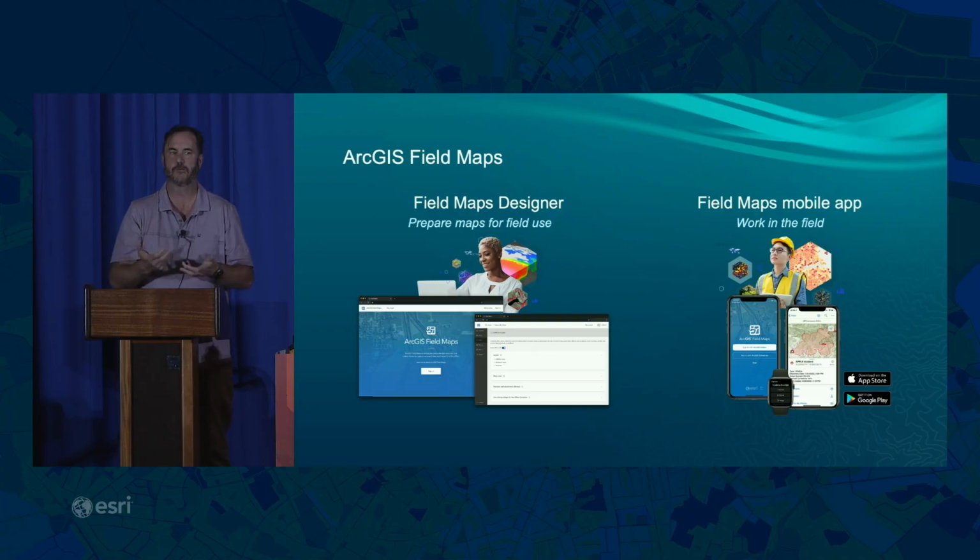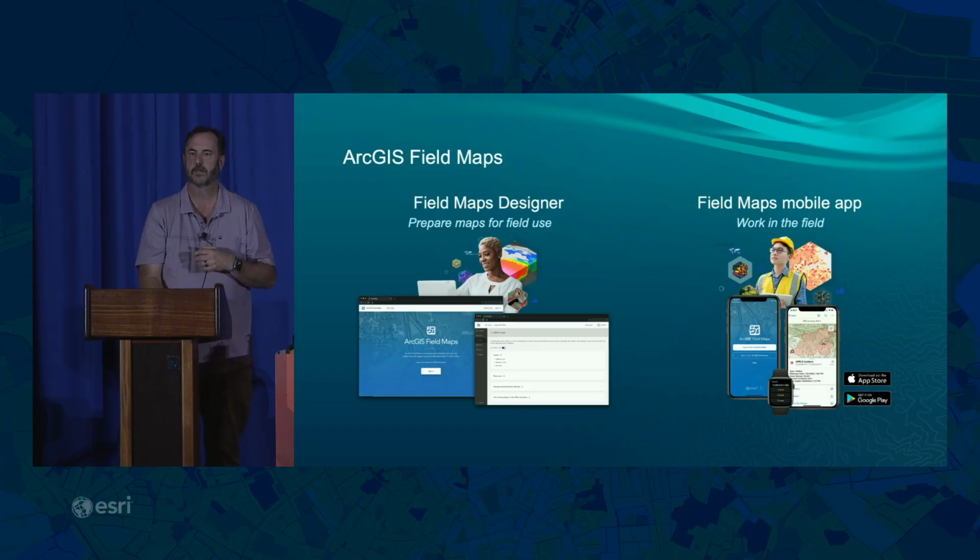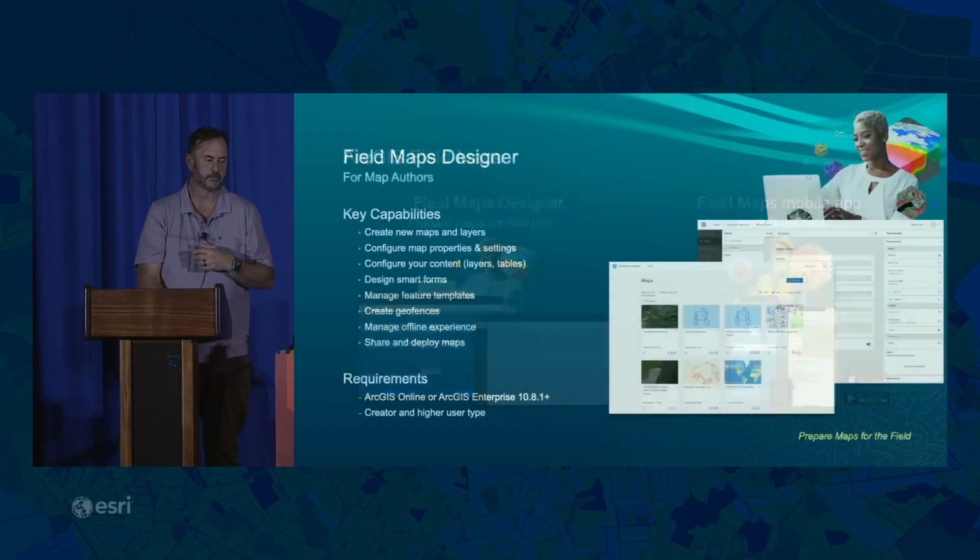And we've been doing a lot of work in this effort to kind of lower the bar of entry so that you can kind of go to a self-service model for the units of business that you feel could make their own data collection projects if you want inside of ArcGIS without you having to do all that work for them. So there's the Field Maps Designer, the Field Maps mobile application as our two primary components.